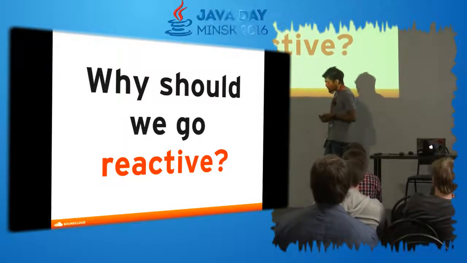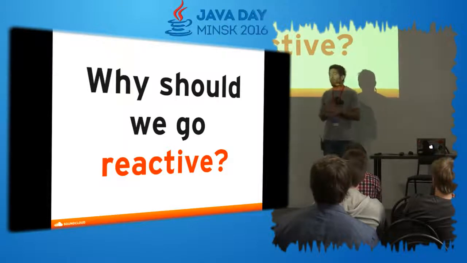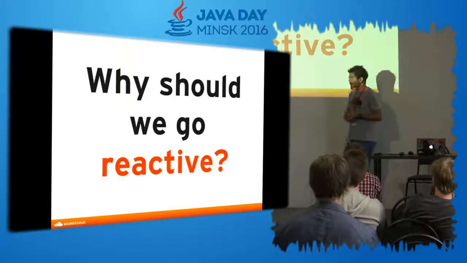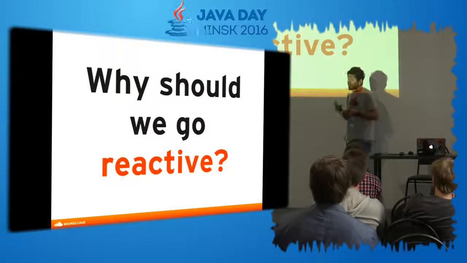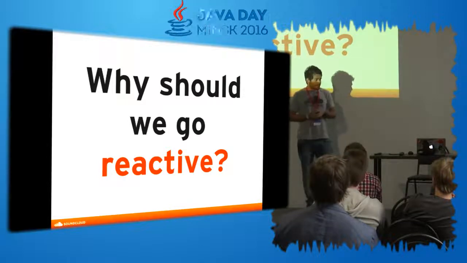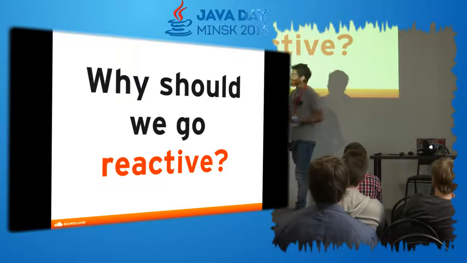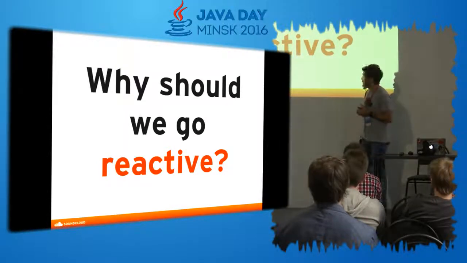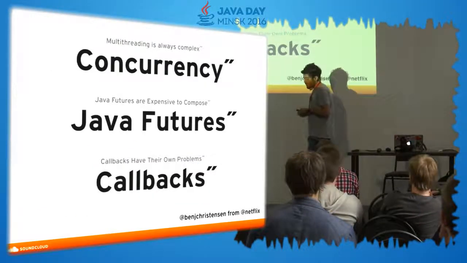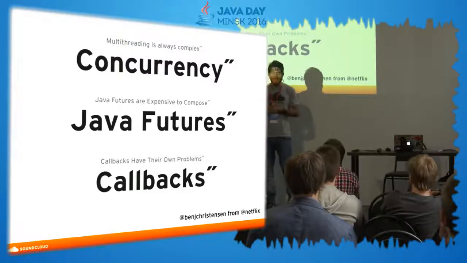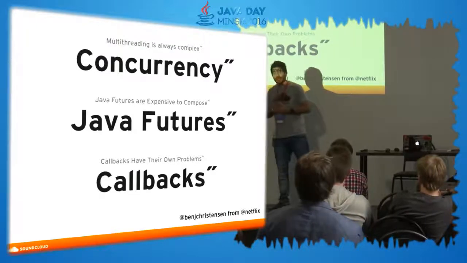So I usually like to put this kind of question because I want you to have an idea why it's good to go reactive and what are the problems that reactive programming tries to solve in a better way. And there are no silver bullets, right? That doesn't exist. But I think that we are facing some certain problems, especially when it comes to concurrency. On Android, to give you some insight, we have to always step out of the main UI thread as soon as we can.